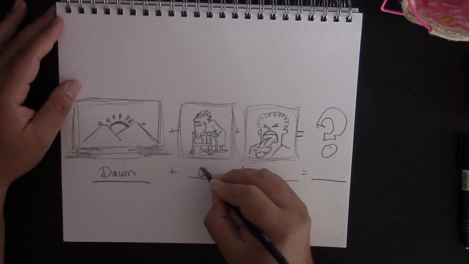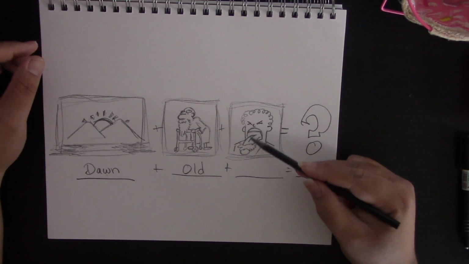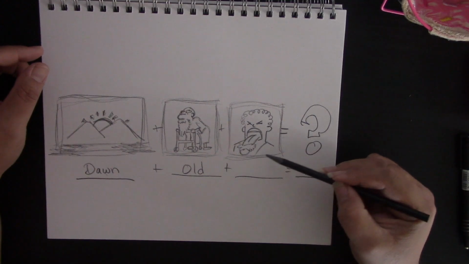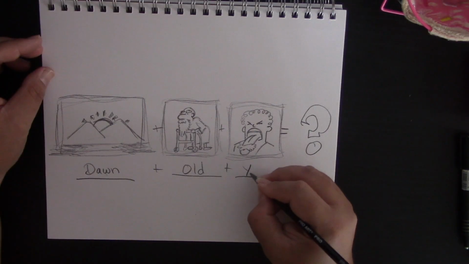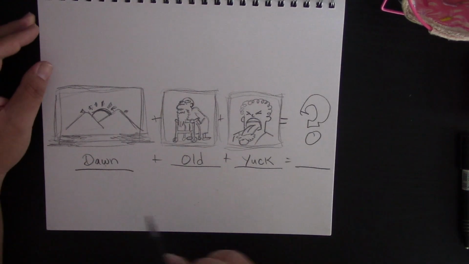Okay, this person is old. And then finally, this last person here who's eating something that looks disgusting, what would that person say? What would you say if you ate something gross? You'd probably say, yuck.